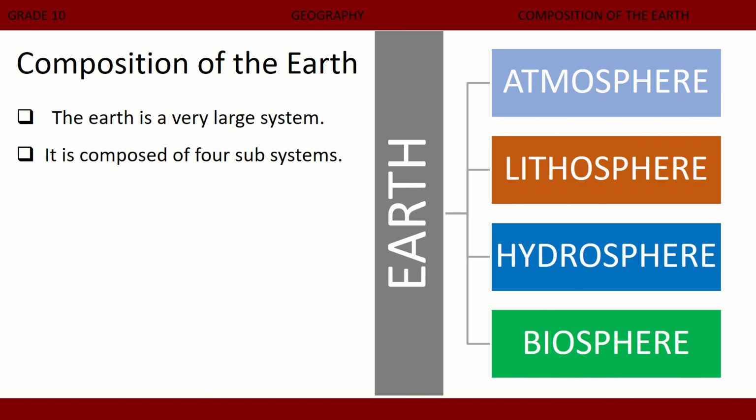The Earth is a very large system. It is composed of 4 subsystems, namely atmosphere, lithosphere, hydrosphere, and biosphere.